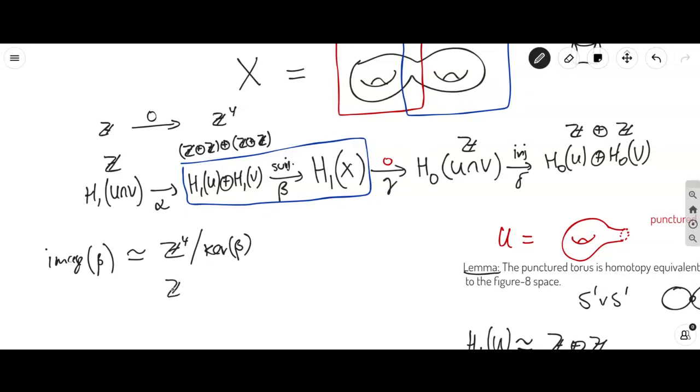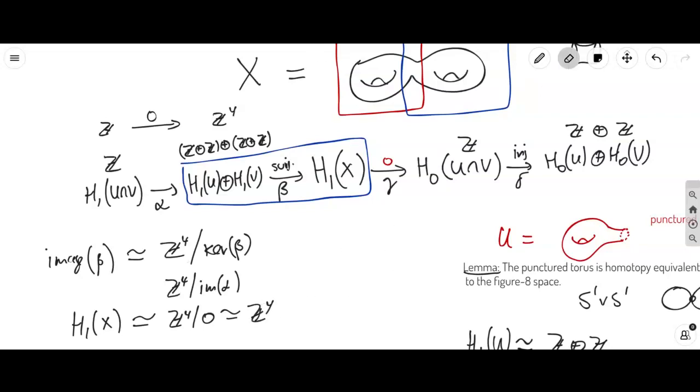But the kernel of beta is the image of alpha. But alpha is the zero map. So this is Z to the 4 mod 0. So this is just Z to the 4. And now the image of beta is of course H1 because it's a surjective map. So we have shown that the first homology group of such a surface is isomorphic to Z to the 4.